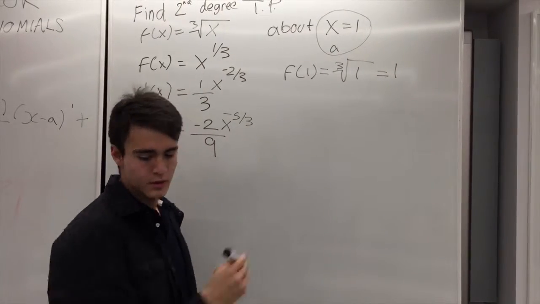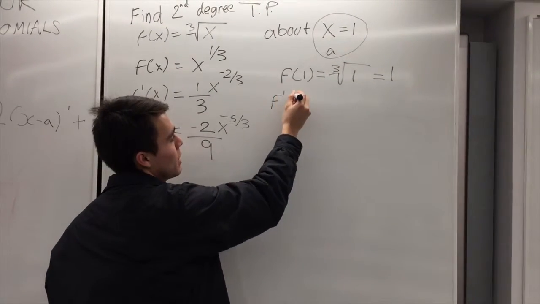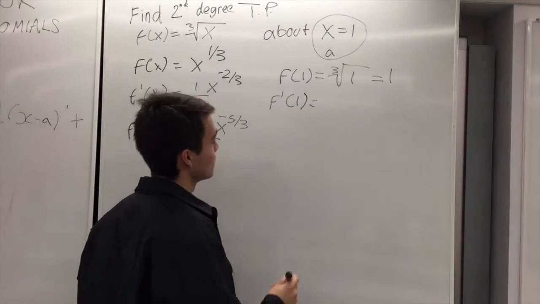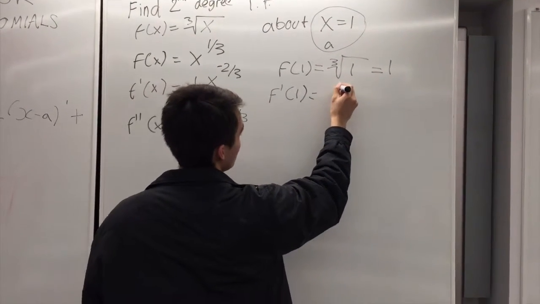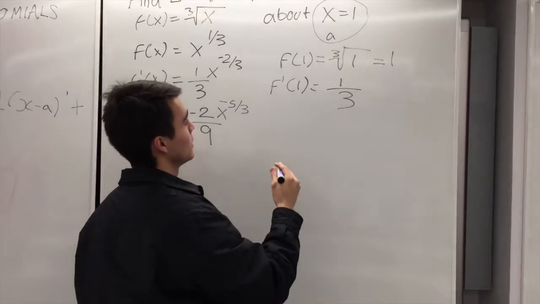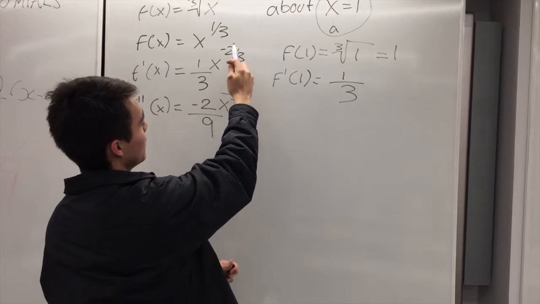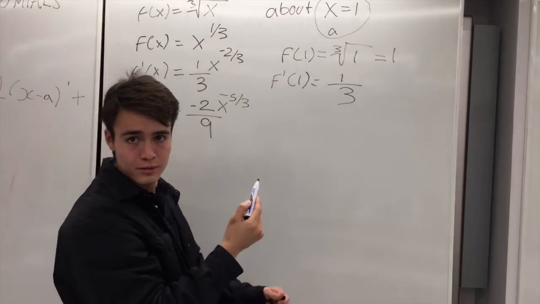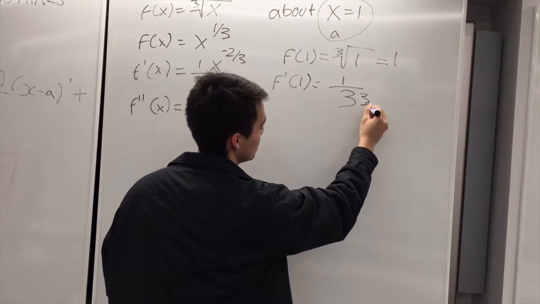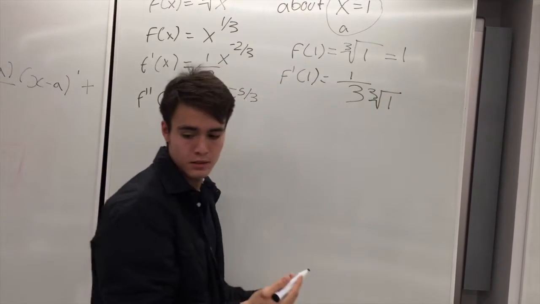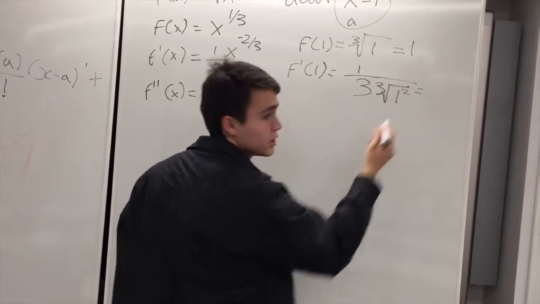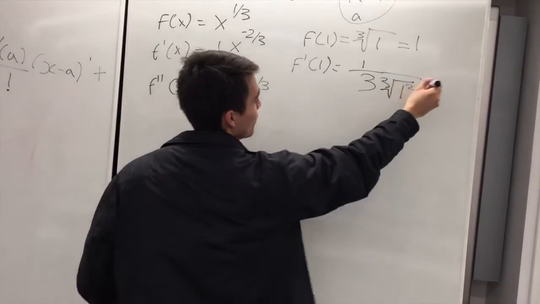Now, f prime of 1 equals 1/3 of, now we're gonna put this value down, so it's gonna be the cubic root of 1 to the power of 2, which is equal to 1/3.